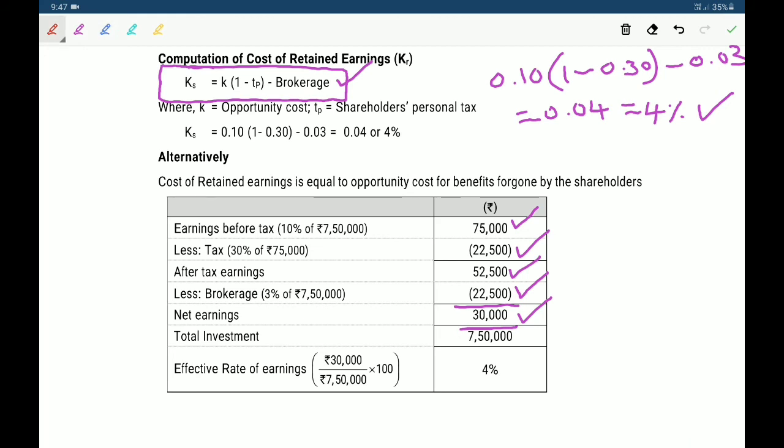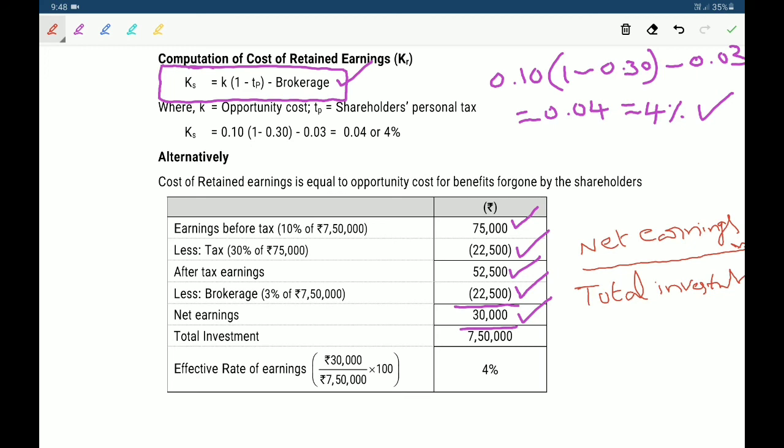Now we calculate the effective rate of earnings. What is the formula? Net earnings by total investment into 100.